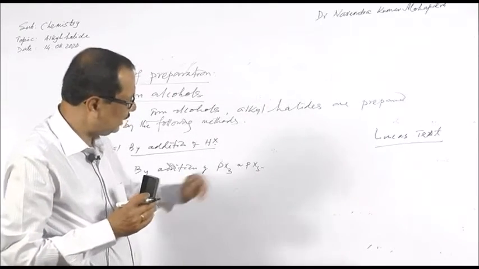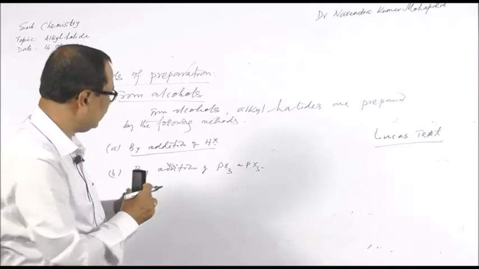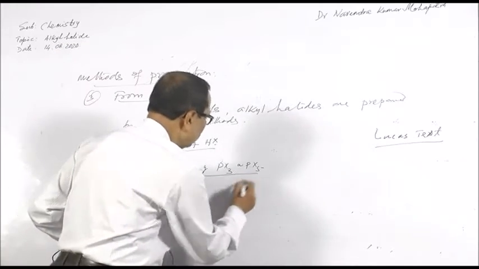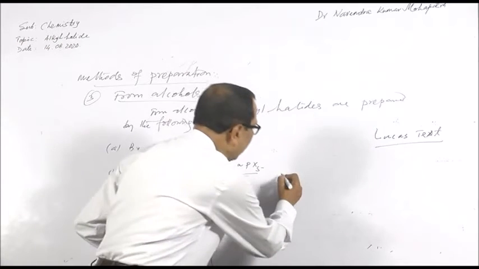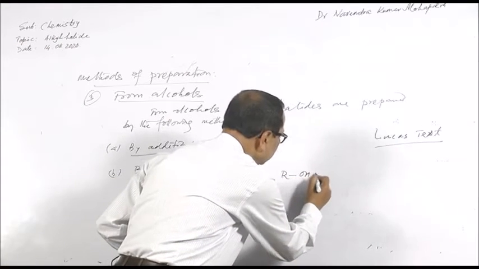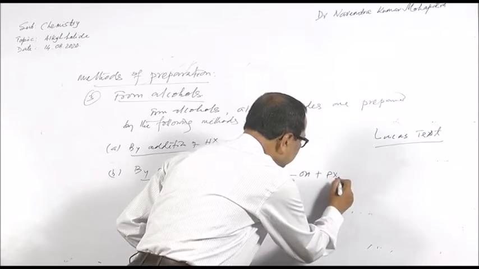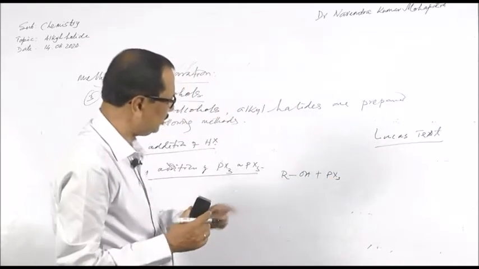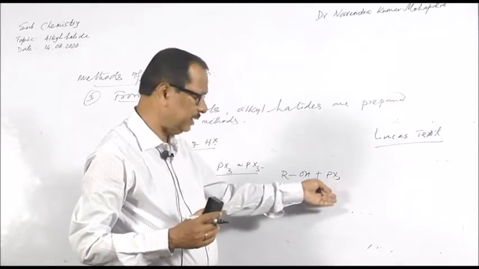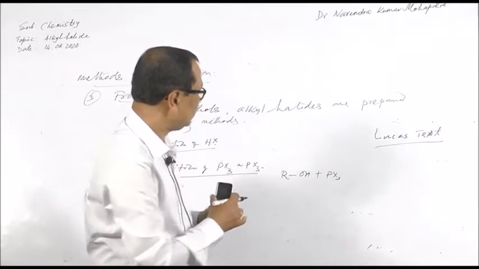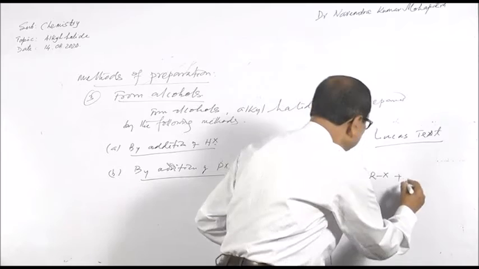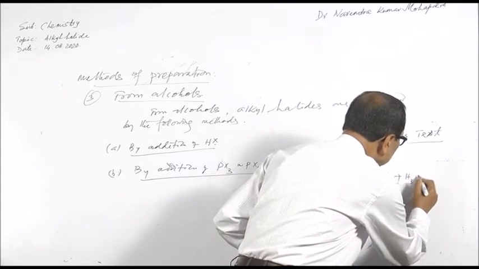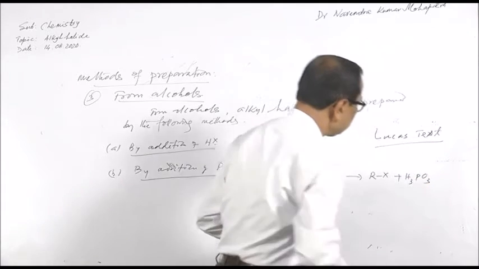When alcohol is treated with PX3 or PX5, the corresponding alkyl halide is also formed. That is, ROH plus PX3, which may be phosphorus trichloride, tribromide or triiodide, gives RX plus H3PO3, phosphorous acid.